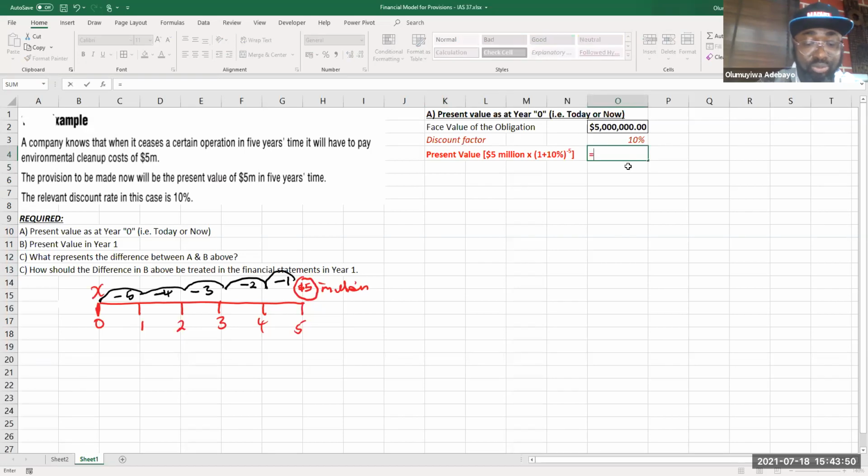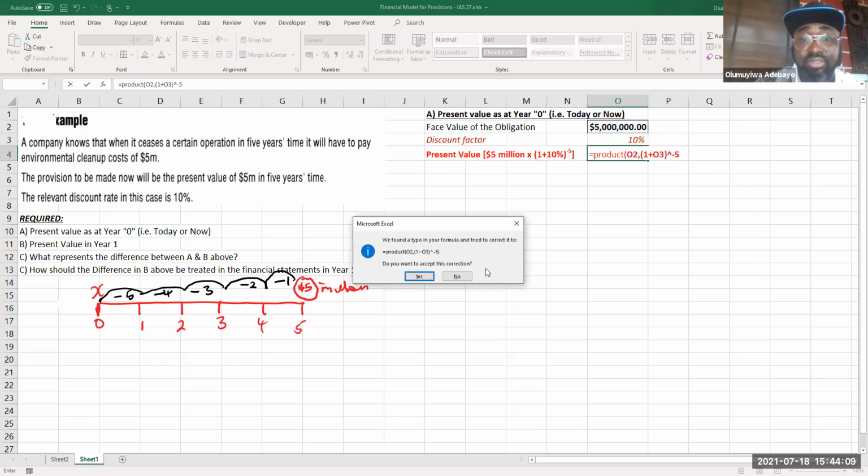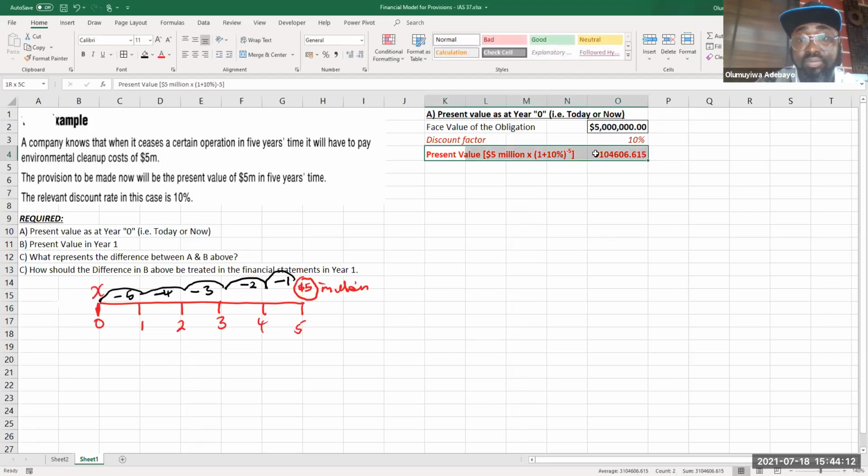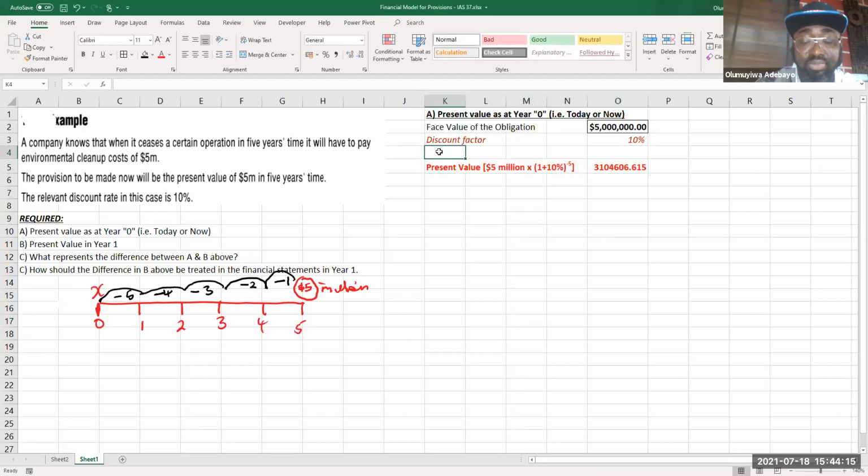And therefore, doing that is saying the product of this and our discount factor, which is 1 plus 10% raised to power minus 5. Now, let me put 5 here: the number of years, which is the frequency. The frequency of discounting is 5 years.